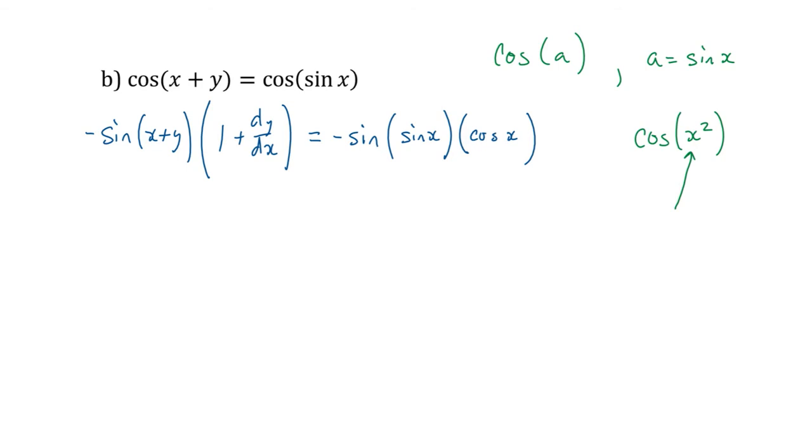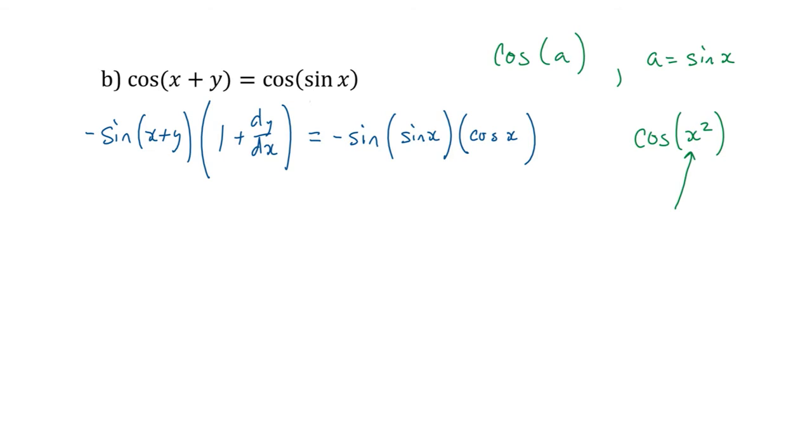So I would take the derivative of the cos part, and then I would take the derivative of the angle. That's the same thing that I've done here. I took the derivative of the cos part, kept the angle the same, and then took the derivative of the angle. Right? So it's the same thing. And like I say, these are good questions to really make you slow down and think explicitly about the different parts of that particular function.